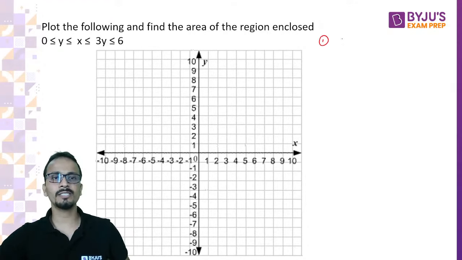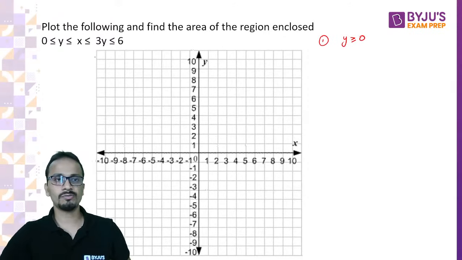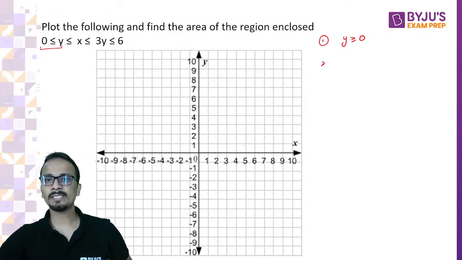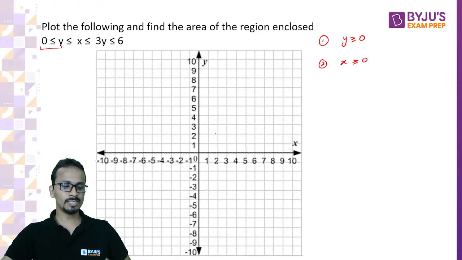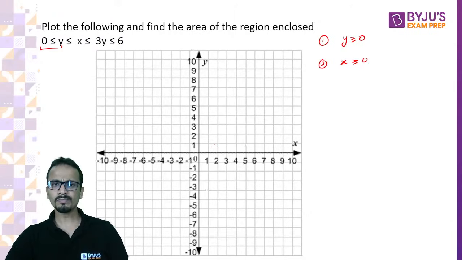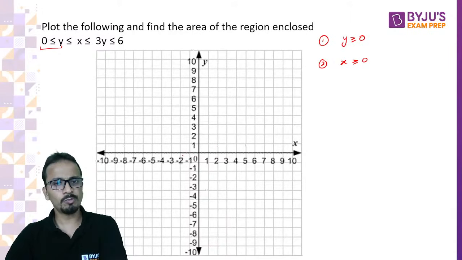So first is y is greater than equal to 0. So this part, y is greater than equal to 0. Second, x is greater than equal to 0. Now y greater than equal to 0 and x greater than equal to 0, let's plot this.